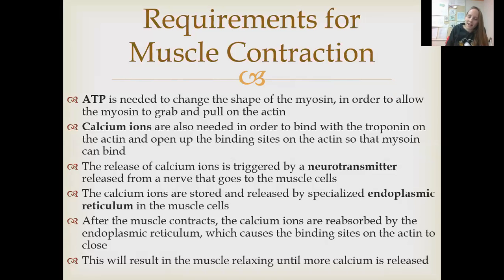The release of calcium ions is triggered by a neurotransmitter that is released from a nerve cell and then goes to the muscle cells. The calcium ions are actually stored in a specialized endoplasmic reticulum in the muscle cell. And then after the muscle cell contracts, the calcium ions can be reabsorbed into the endoplasmic reticulum so they can be reused later.